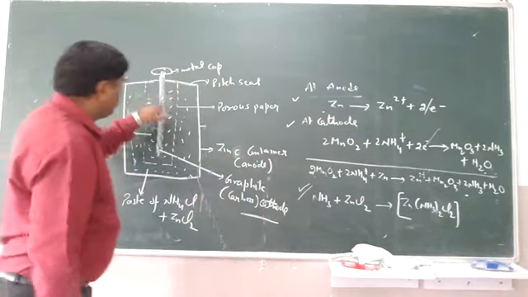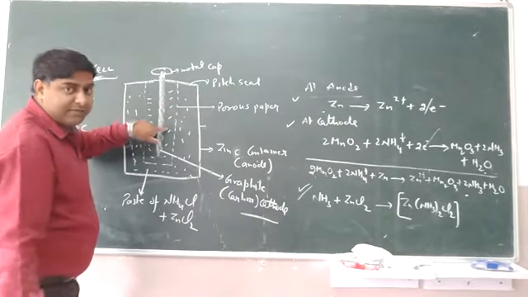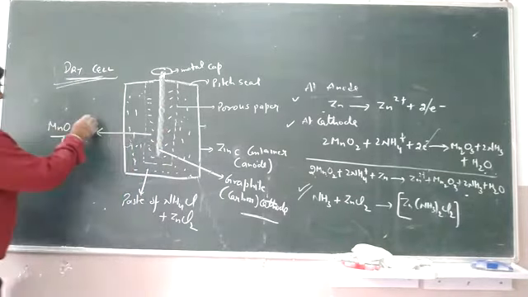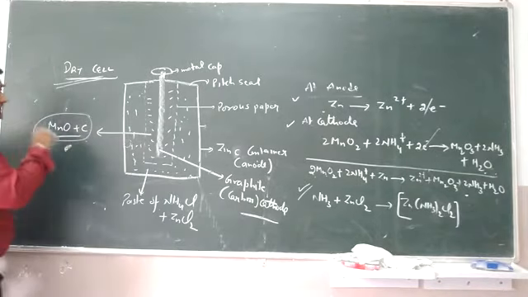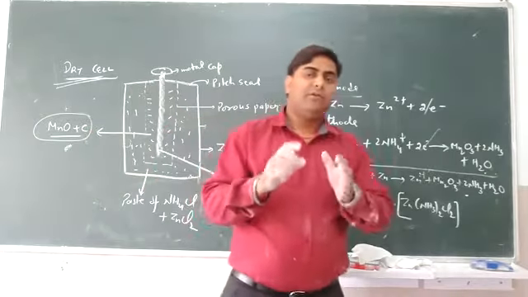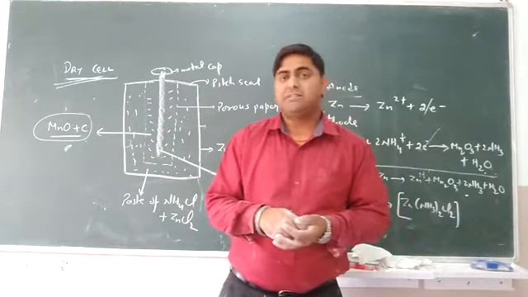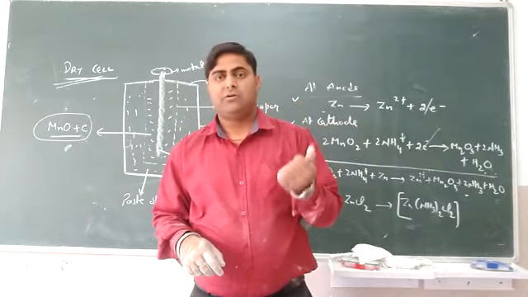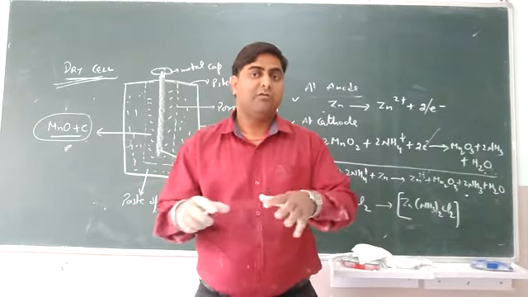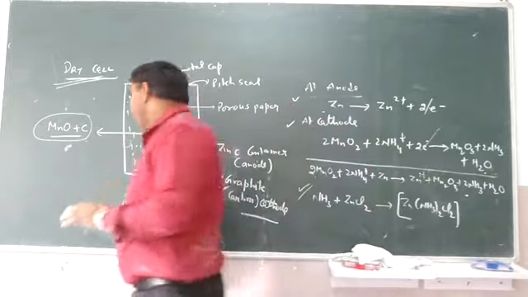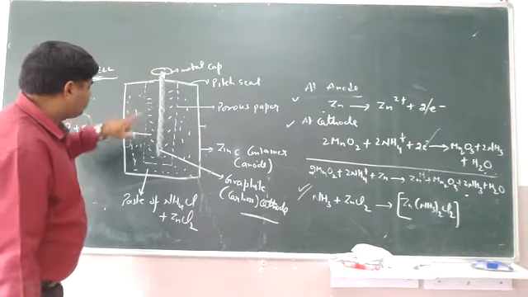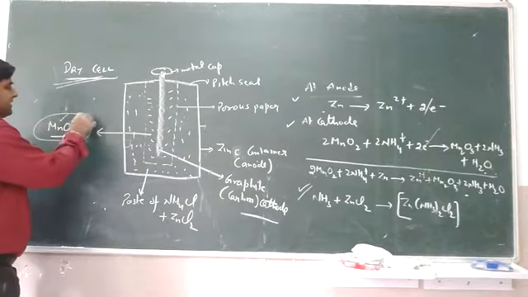Inside the porous paper, we keep a paste of MnO2, that is manganese dioxide, plus carbon. Keep in mind, when we talk about the dry cell, we must remember what is cathode and what is anode, what kind of paste is present and how it works. So the graphite rod is dipped in a paste of manganese dioxide plus carbon.